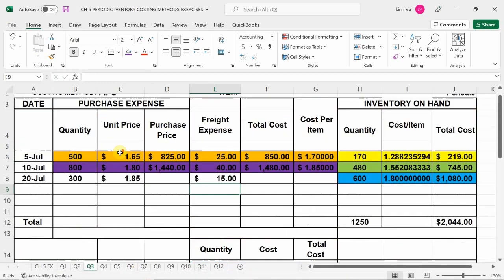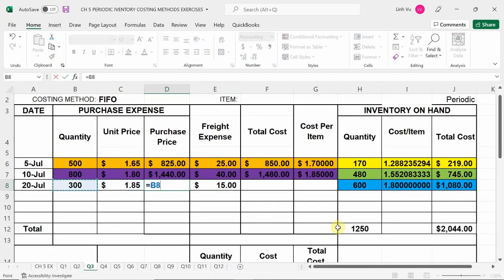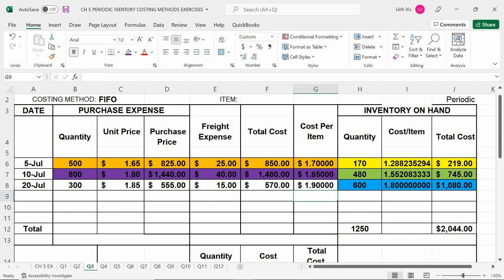So what's my purchase price? $555. $555 plus 15 gives me a total cost of $570, and that will give you a cost per item of $1.90.